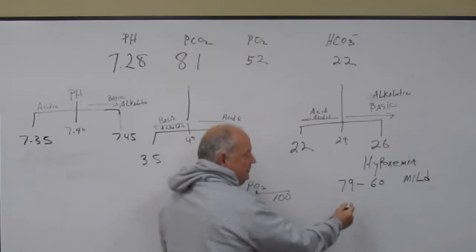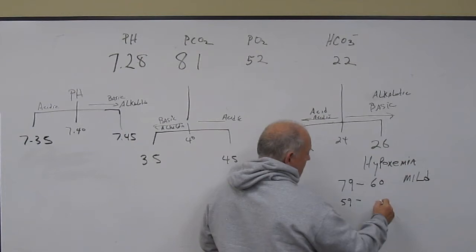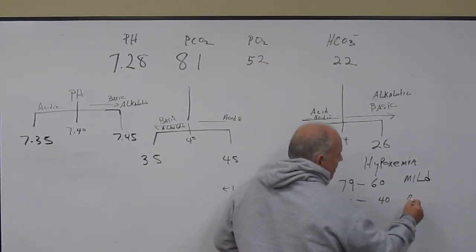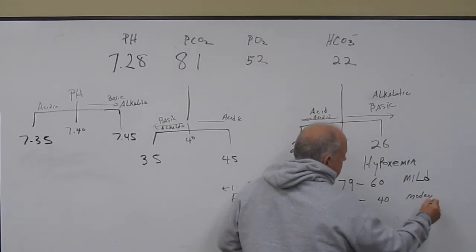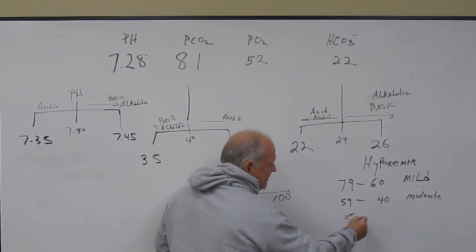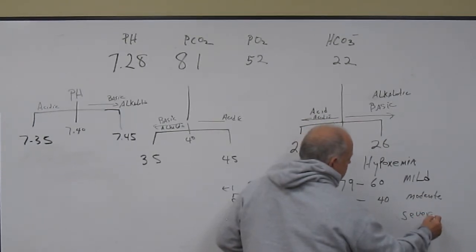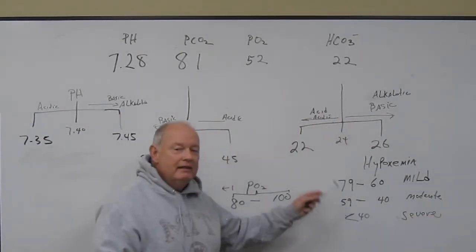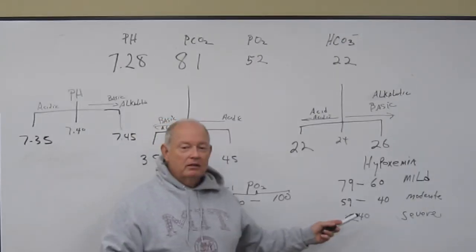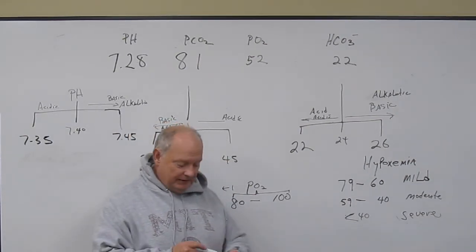We end at 60, so the next one starts at 59 and drops 20, which would come up to almost 40. And that's moderate. And then anything less than 40 is severe. So we have 3 levels of hypoxemia. Mild hypoxemia, moderate hypoxemia, and severe hypoxemia.